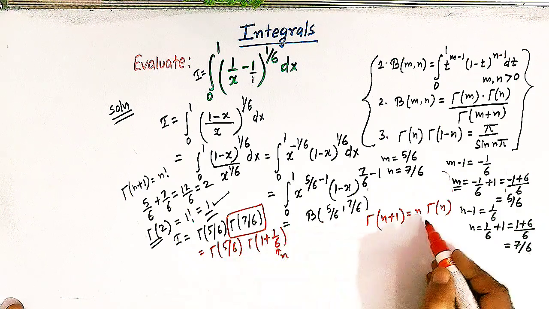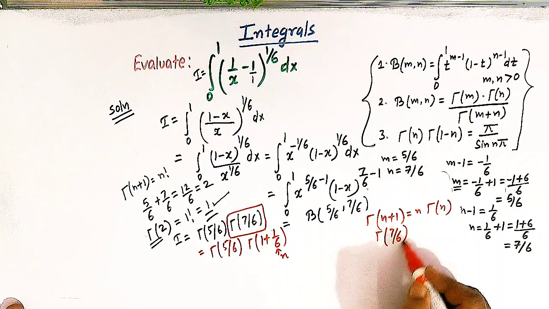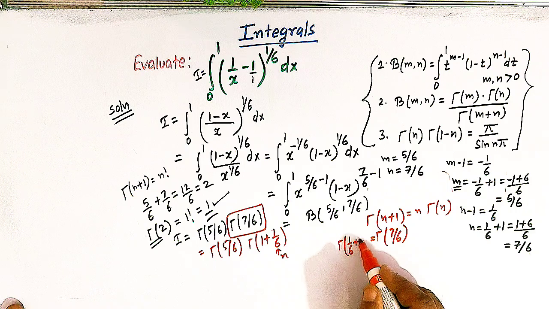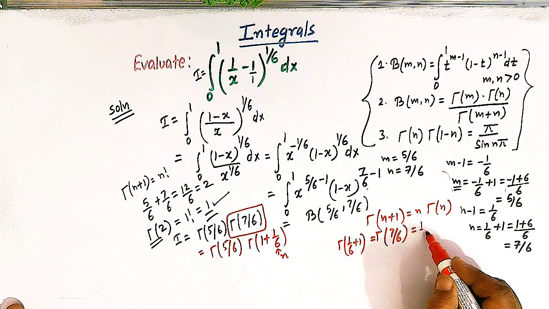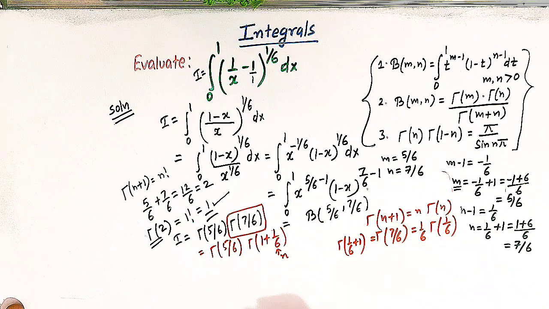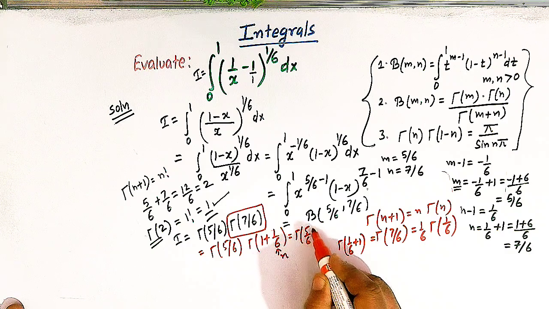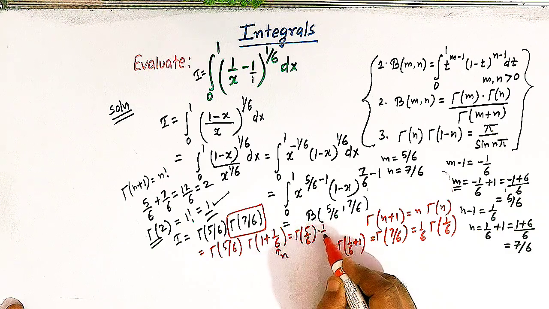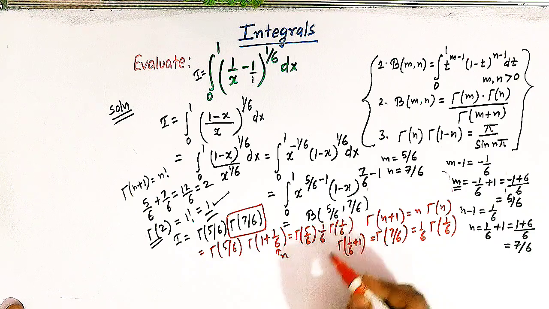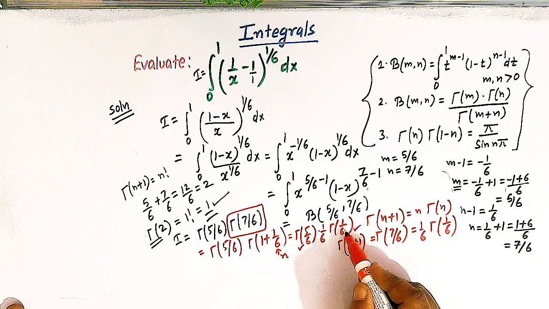We can write gamma of 7 by 6 as gamma of 1 over 6 plus 1, that is equal to 1 over 6 times gamma of 1 over 6. So now we have gamma of 5 over 6 times 1 over 6 and gamma of 1 over 6. Now we can combine these two expressions.